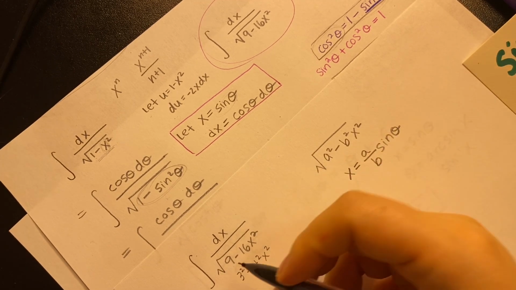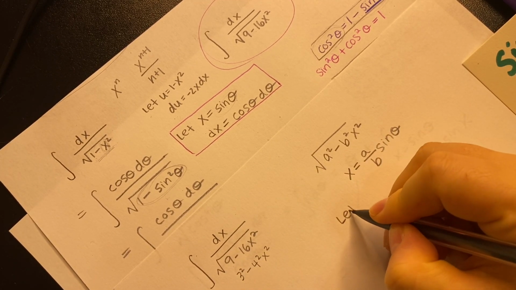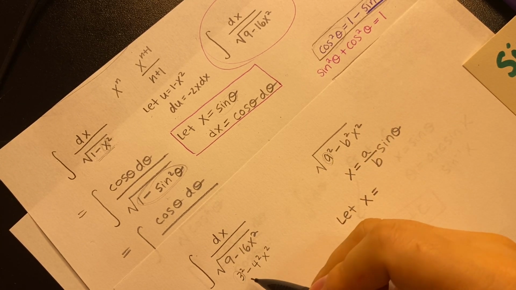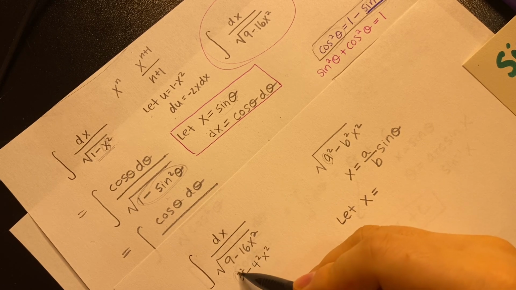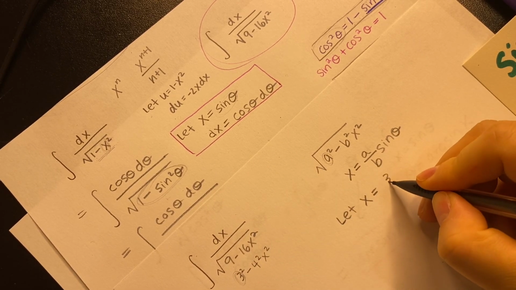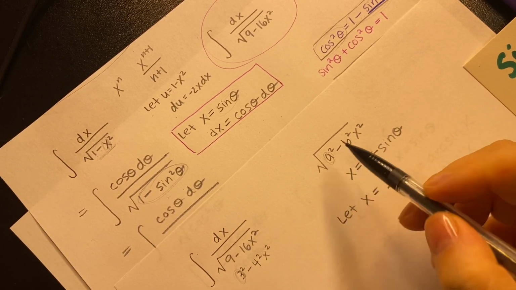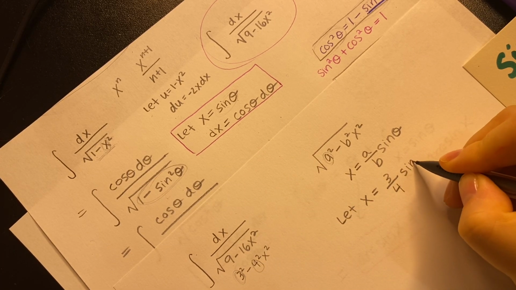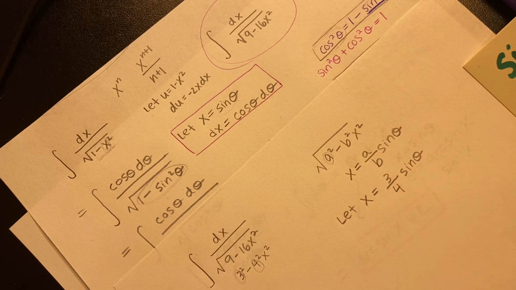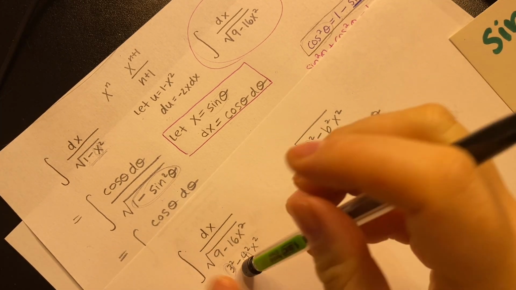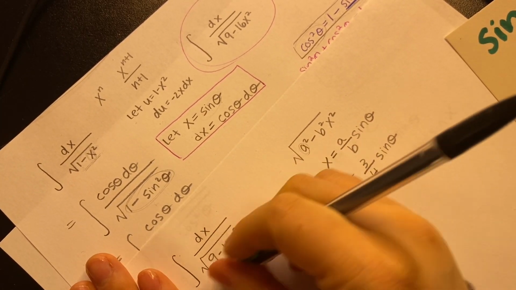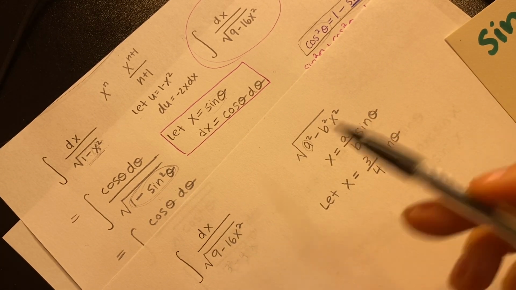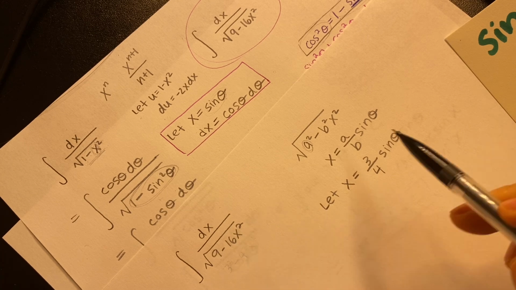So in this case, I would let x equal a, being 3, not the whole number 9, over b, being 4, sine theta.